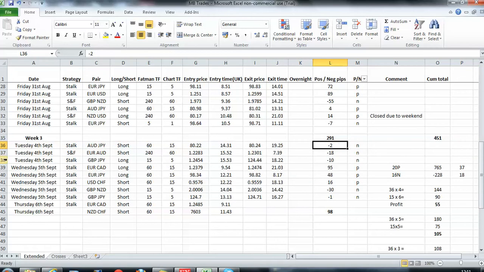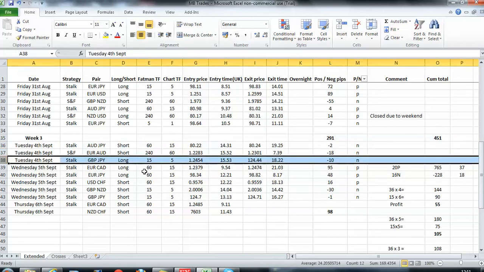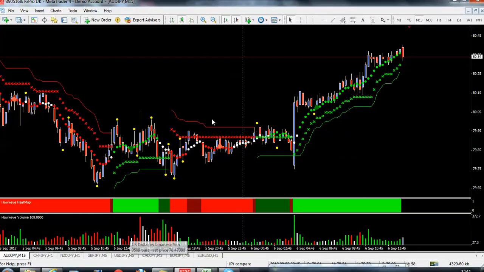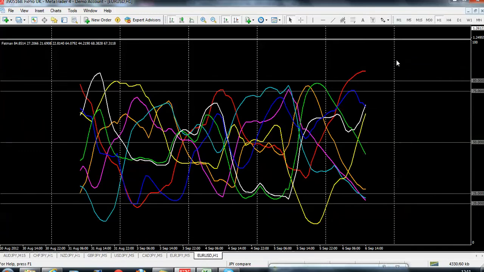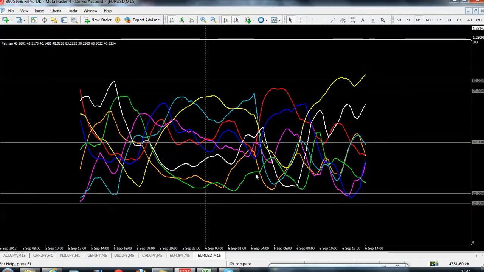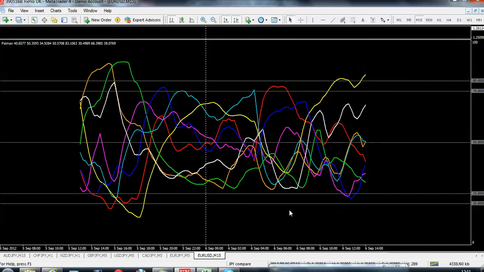And then we had a fairly short lasting trade, which is a pound yen long on a 5-minute chart based on a 15-minute fat man. So let's change that fat man to 15. And the pound yen long would have come in around about here.